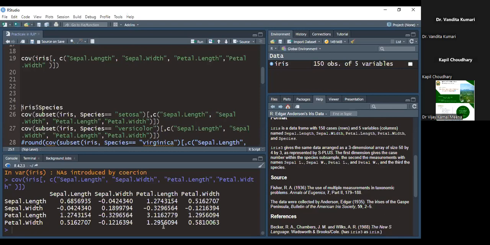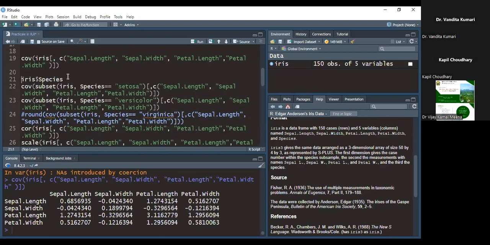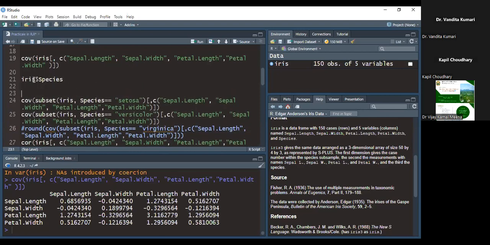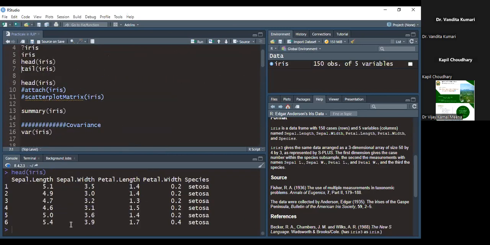As I mentioned, in the data set we have 3 species. What if you would like to know the variance covariance matrix species wise? So first, let us know how many species are there in the data set. We would like to extract the values of only species. As you could recall, in the iris data set we had the 3 species.